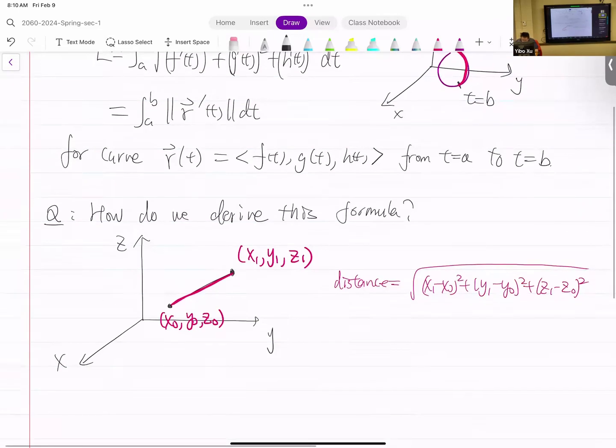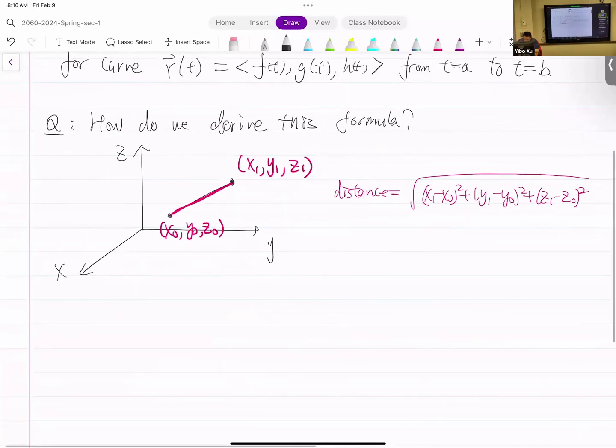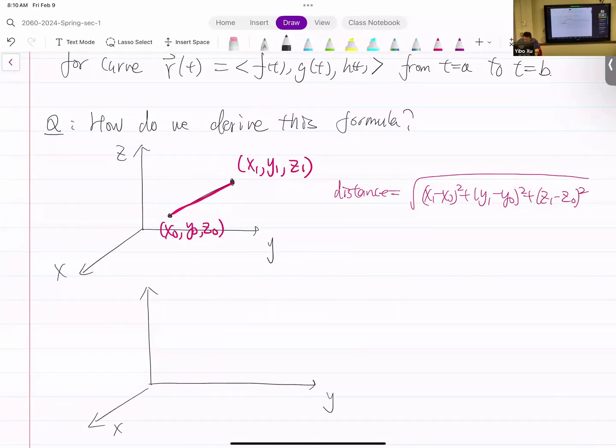Now let's systematically break the original curve up into pieces. Let's say this is the space curve that we want to calculate the arc length of. This is t equals a, the starting point, and this is t equals b, the endpoint.